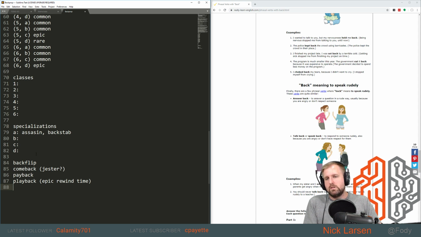Oh. Okay. Shit, we need individual abilities for 24 different things. And then we also need class bonuses and specialization bonuses.